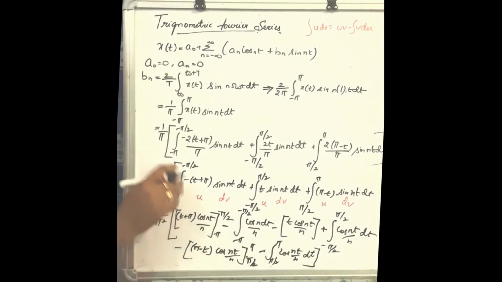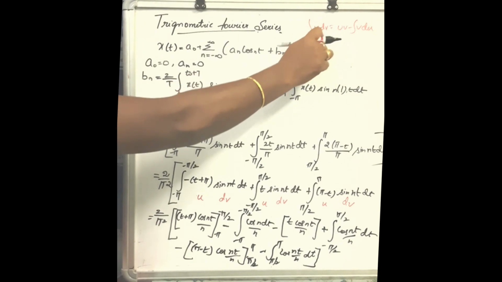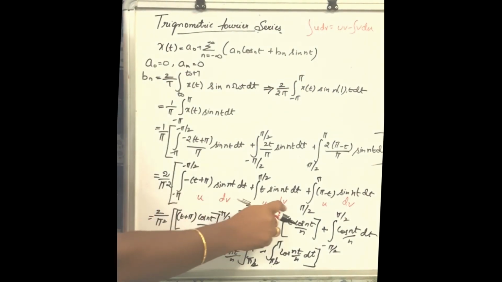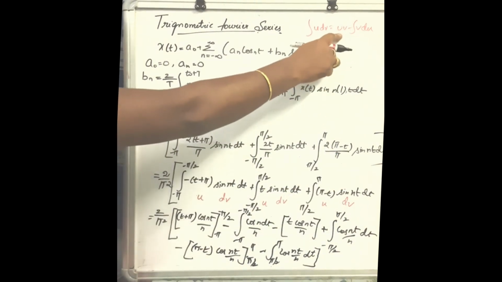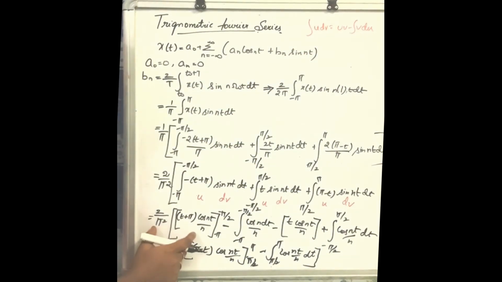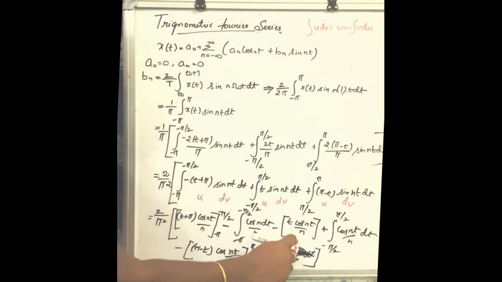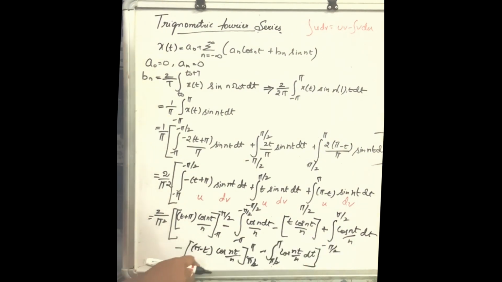We have done the integration by parts, considering u and dv, so it becomes uv minus integral v du for each of the three integrals.